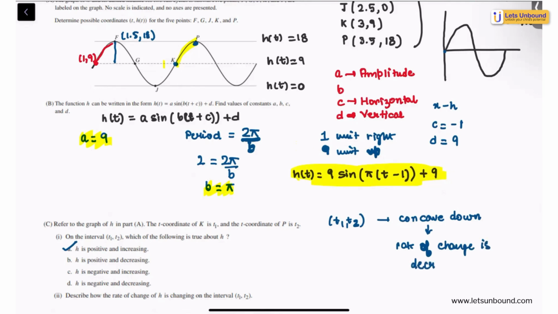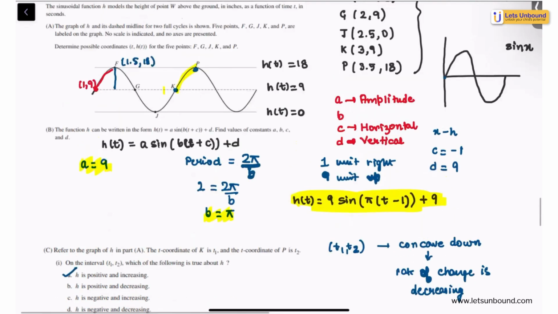Although the rate of change is positive, it is decreasing because it is concave down. So we can write down that the rate of change is decreasing as well as positive on the interval t1 to t2. So this was a good sinusoidal modeling problem.